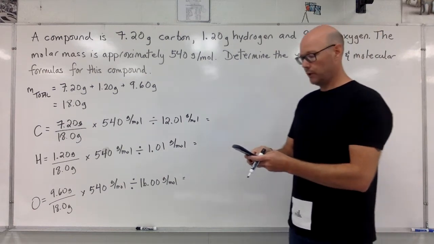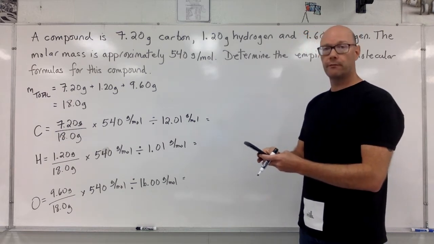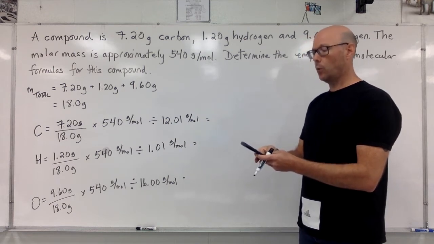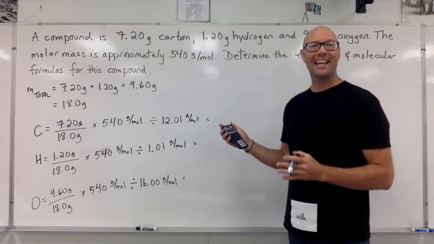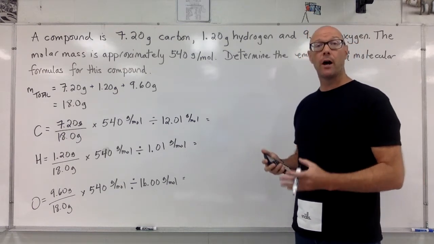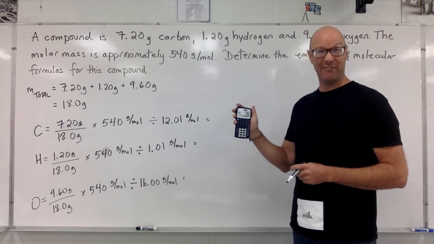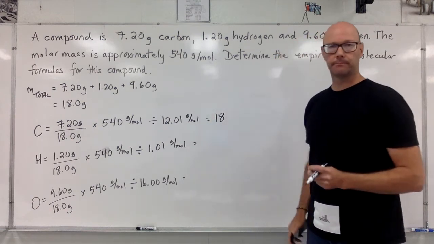So I'm doing my calculation. 7.2 over 18 times 540 divided by 12.01. I get 17.985. I need to round that off to the nearest whole number. 17.985 rounds off to 18.